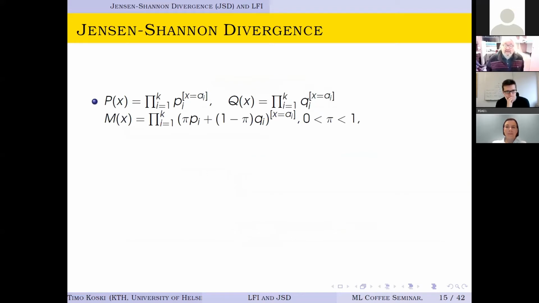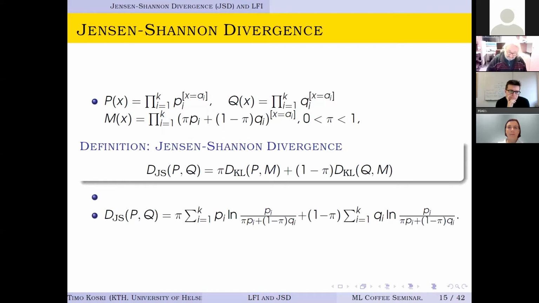Now I'm defining the Jensen-Shannon divergence. I have the p and q from the preceding slide, but then I introduce an m, which in terms of these coordinate probabilities is a convex mix of p and q, and this is my definition of the Jensen-Shannon divergence.